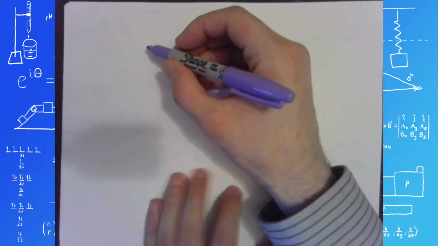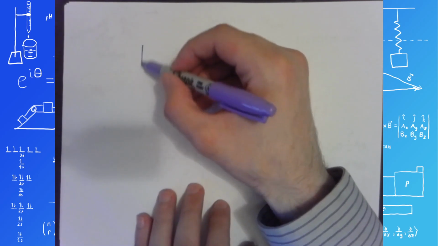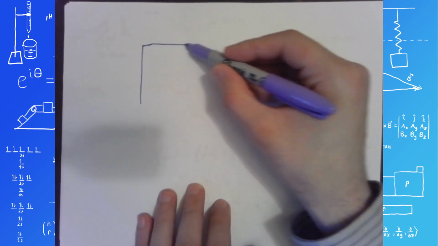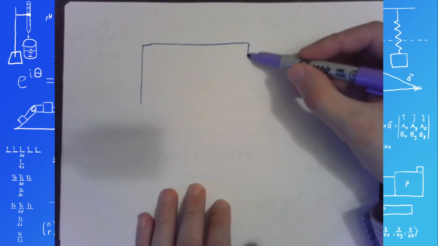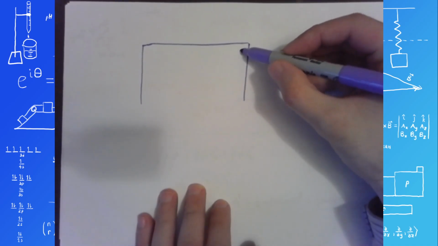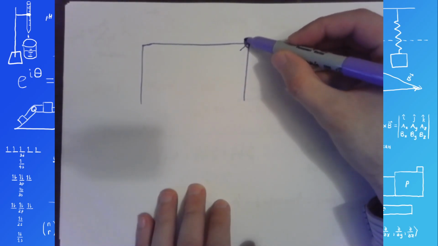I'm assuming here that you already have experience with using conservation of mechanical energy, so we have ourselves a table and we've got some pulleys.